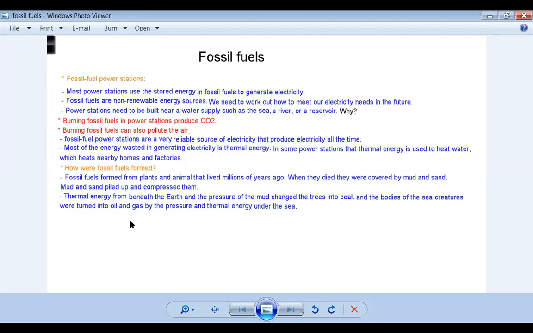They want to find more of the fossil fuel because it's non-renewable. Yes, as we explained previously, these are non-renewable sources, so we need to get a huge amount of them. They need to develop their ways to find more of these underground so they can use them in the future.